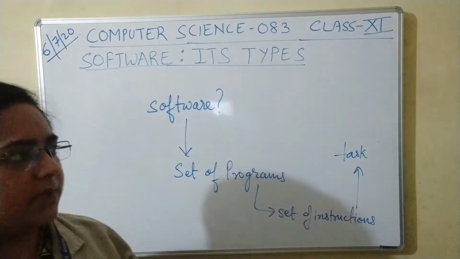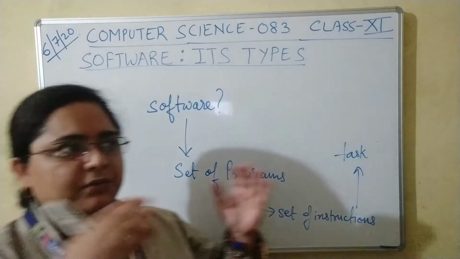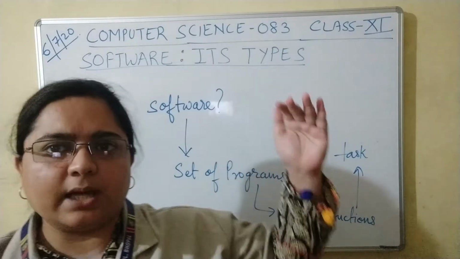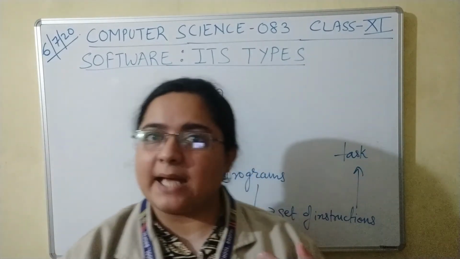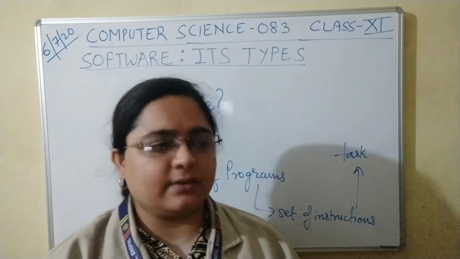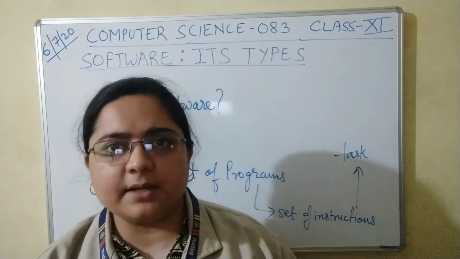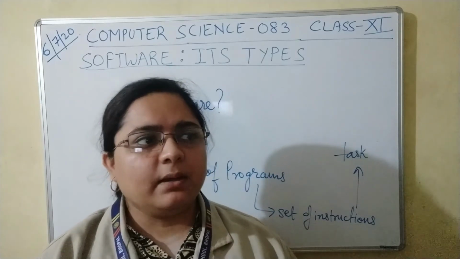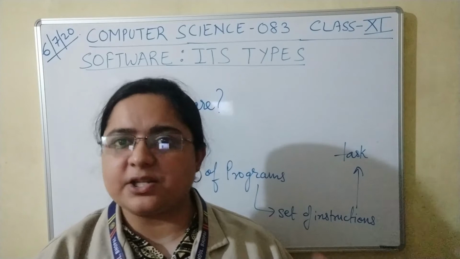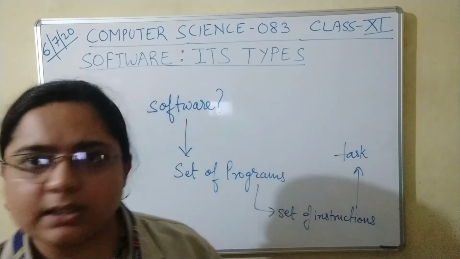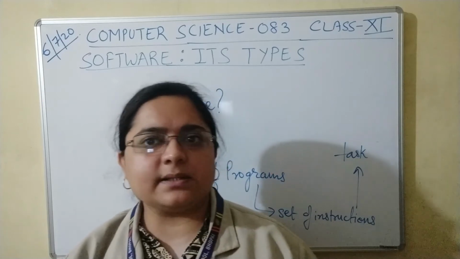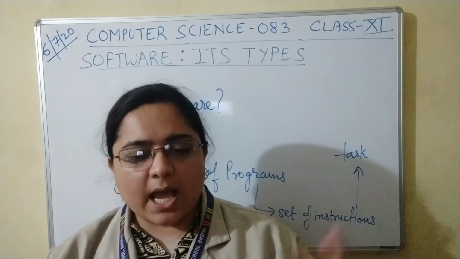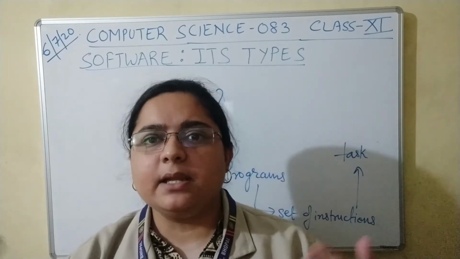That task could vary from a number of different categories. Some tasks could be managing your computer, dealing with the hardware. Some tasks could be performing all sorts of spreadsheet activities like statistical analysis. Some tasks could be word processing, some tasks could be database management, and likewise there could be different tasks.